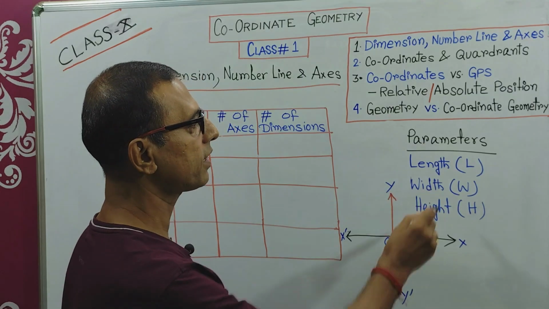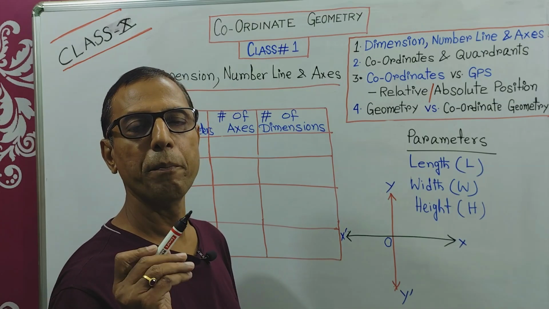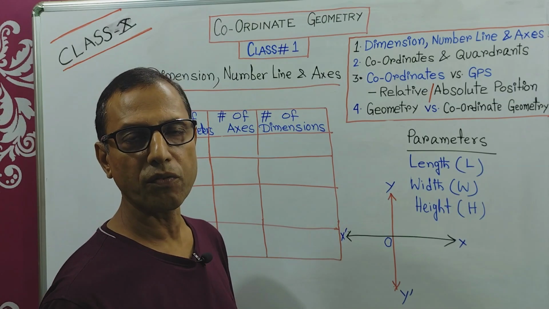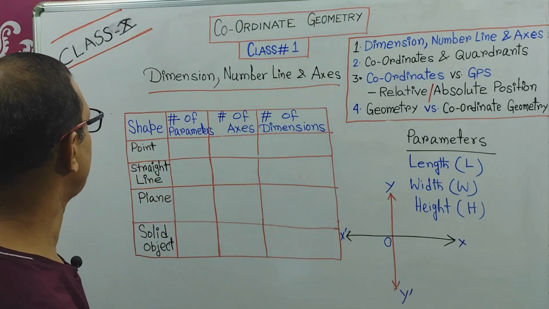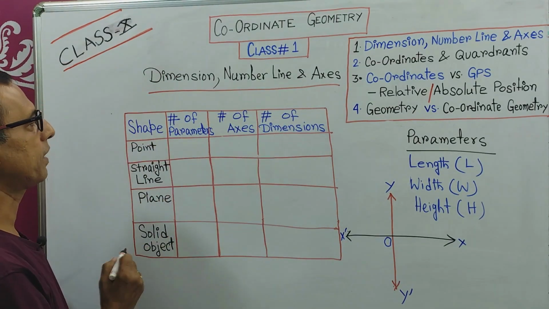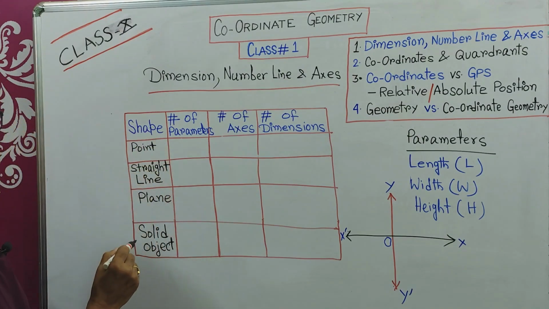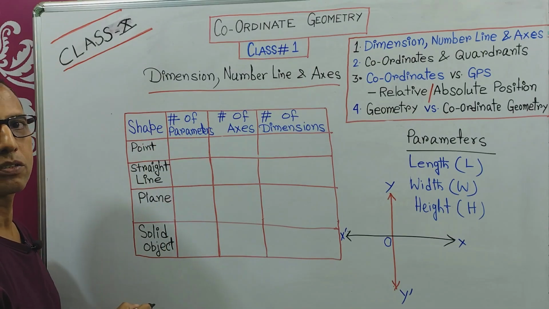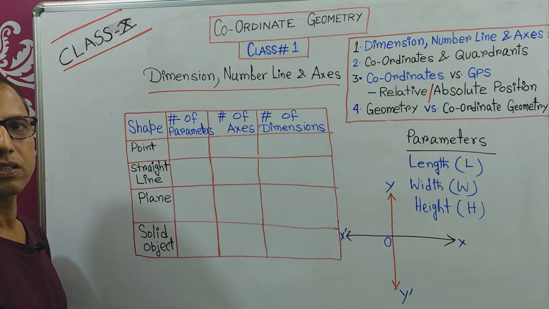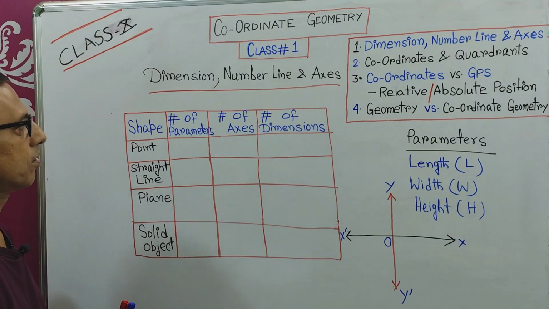These are the three parameters we use to measure the size of an object, up to a solid object. Let's assume this, but look into this particular table. The first column refers to the shape of the figures. Second is the number of parameters. Third one is the number of axes and then the number of dimensions.